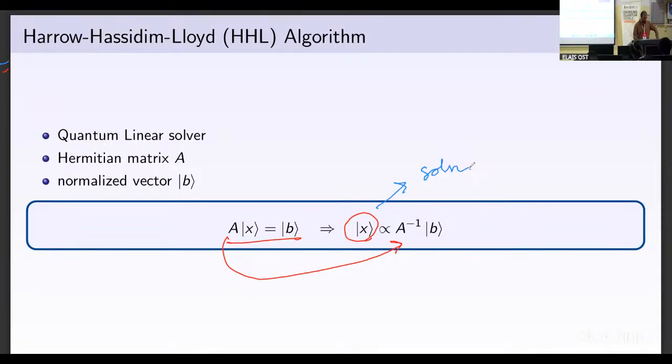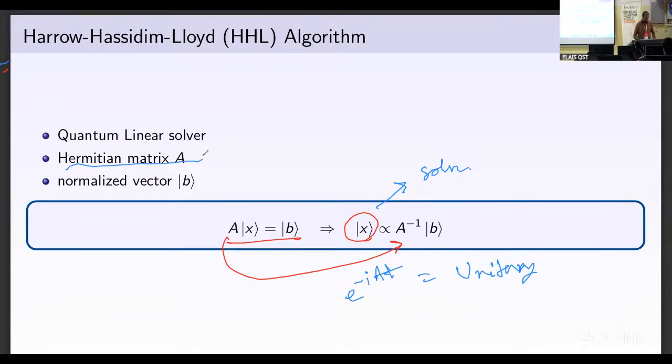The only conditions that the algorithm needs is that the matrix should be Hermitian, because we have to exponentiate it at some point. And as I said, exponentiation of a Hermitian matrix is always a unitary operator, and unitary operators can be written directly as quantum gates. So that's why this condition is there.